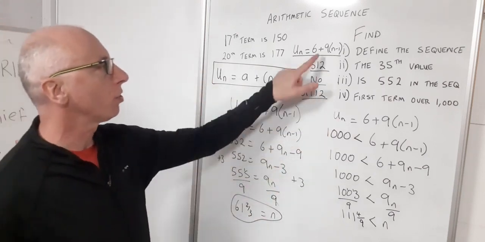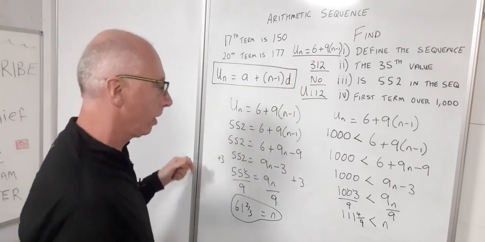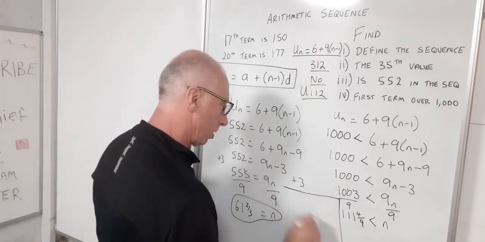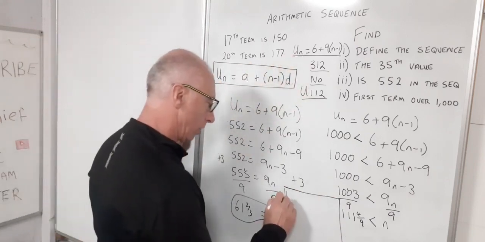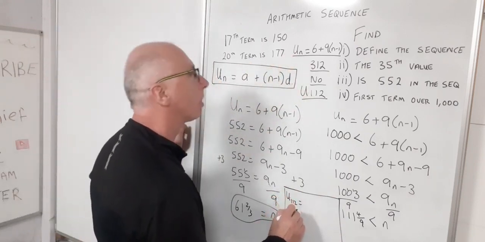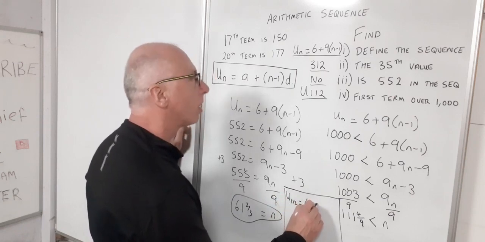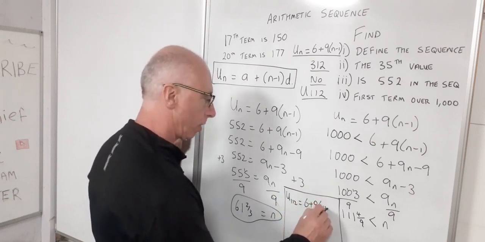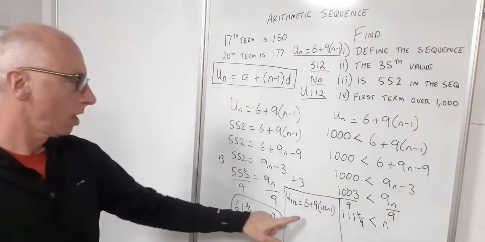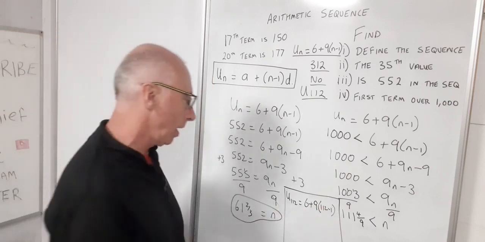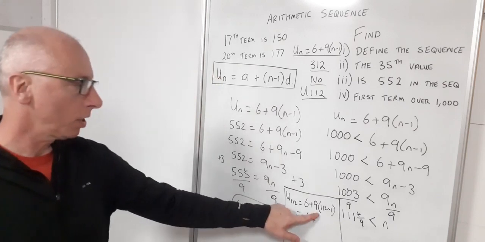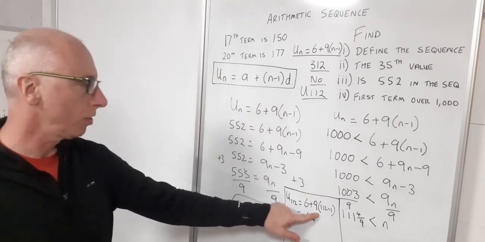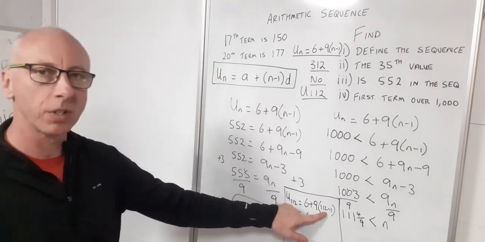So if I plug in 112 into here, just do a little quick check. U of 112 is 6 plus 9 times (112 minus 1). Okay, let's multiply this one out. 6 plus 9 times 112. Well, 9 hundreds are 900 and 9 twelves are 108.